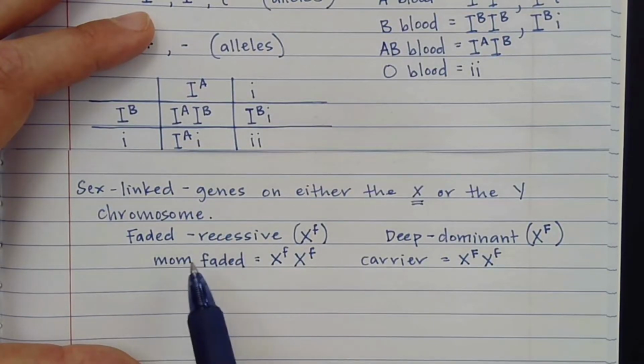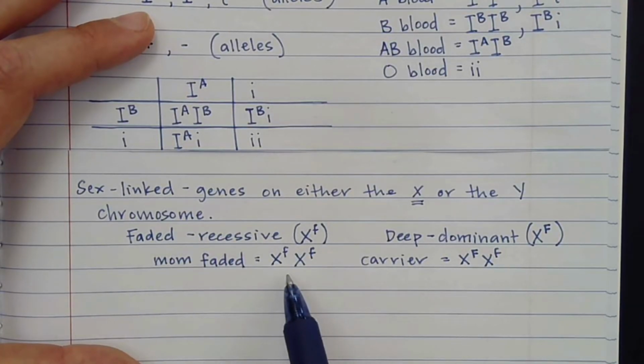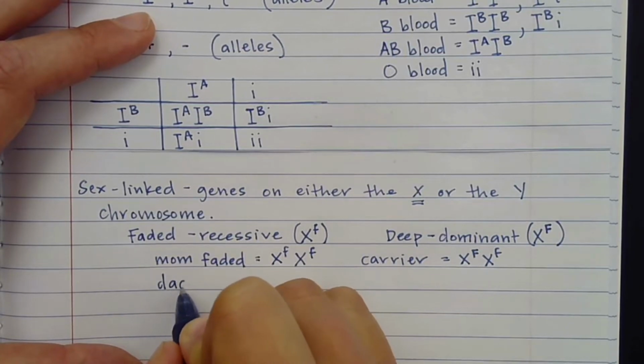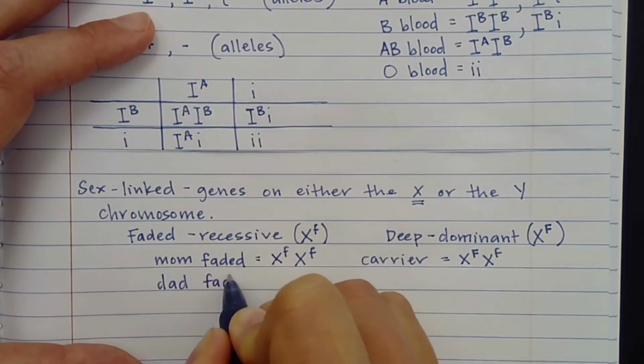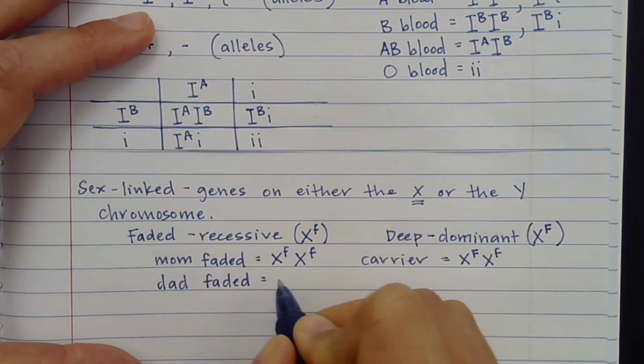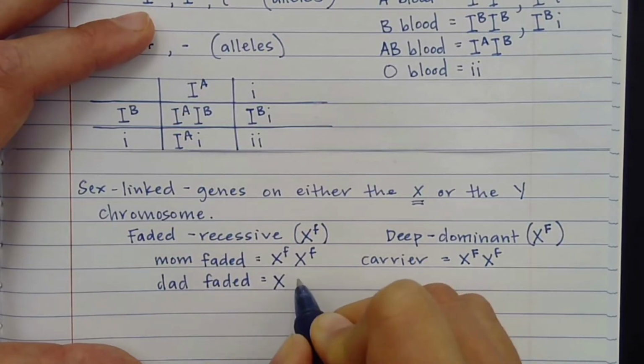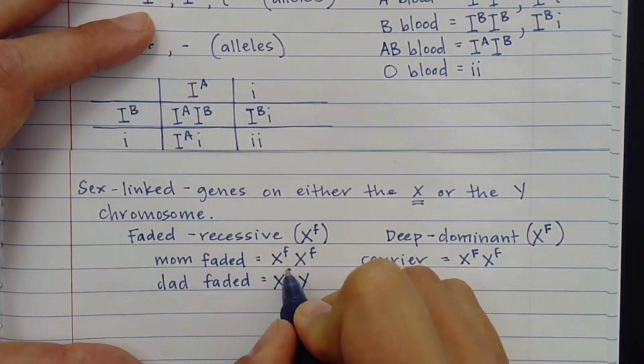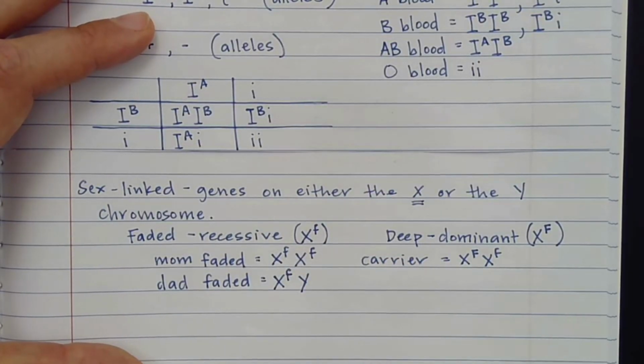So if we have a mom with the faded characteristic, then what would a dad look like? So a dad that is faded would be X, Y for his chromosomes, but he has the faded gene on that X chromosome.